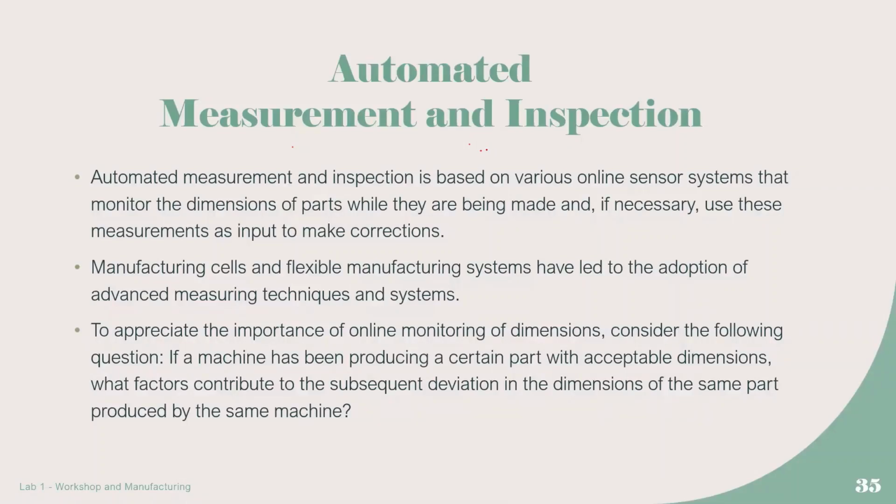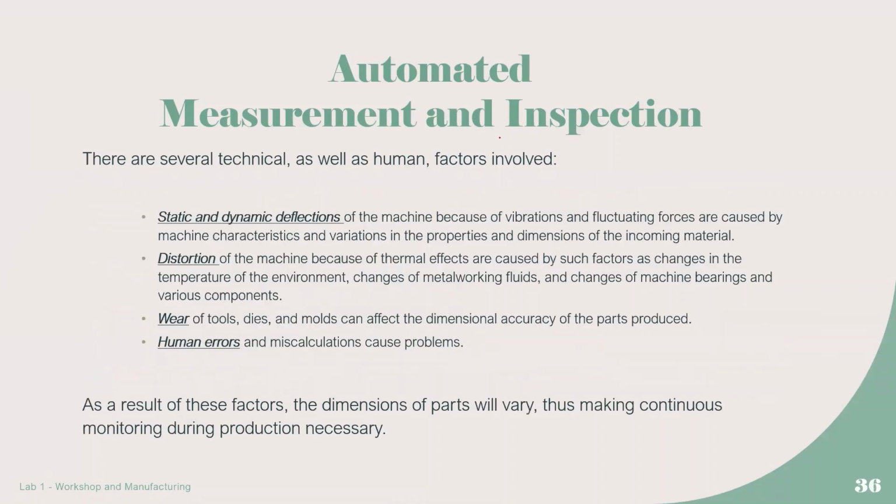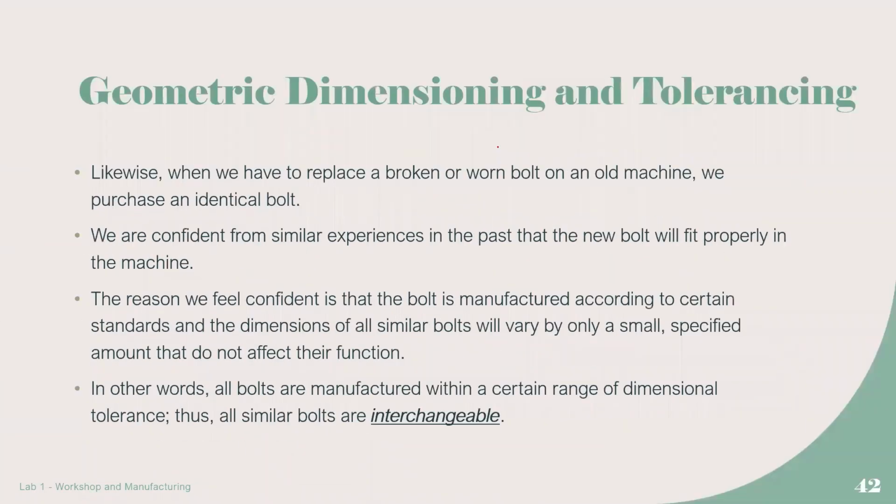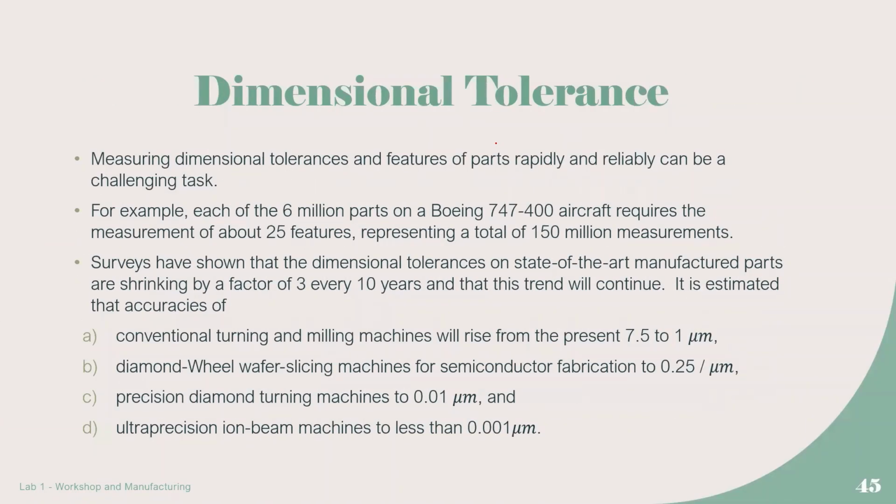All right, now I'm going to skip some parts, some slides. However, I want you to read them. I'm going to skip them because I want to talk about more important things here. So let's go to this one. Here I want to talk about how your dimensional tolerance depends on your application.